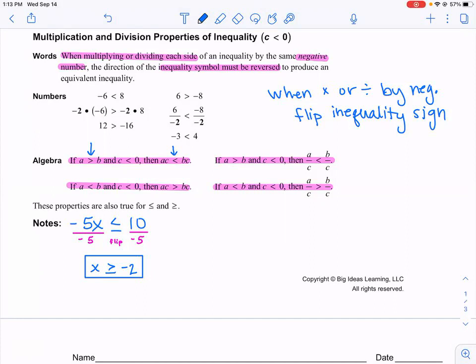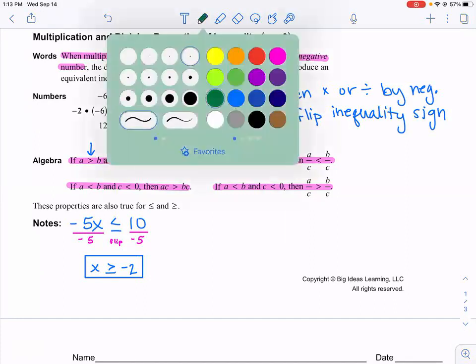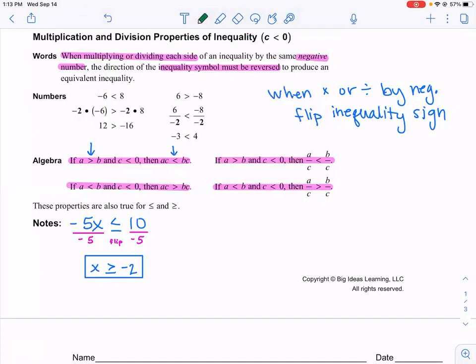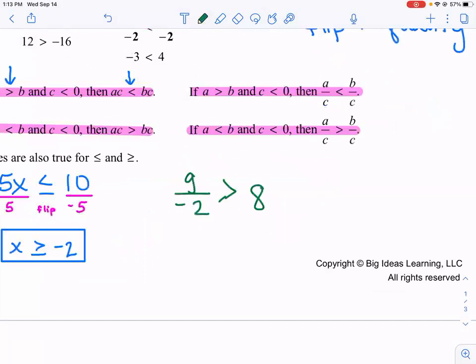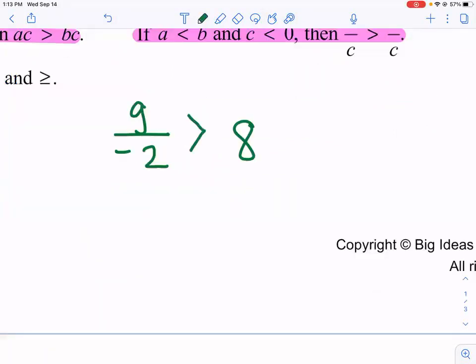Okay, let's talk about another problem. This is g over -2 is greater than 8. There we go. G over negative 2 is greater than 8.